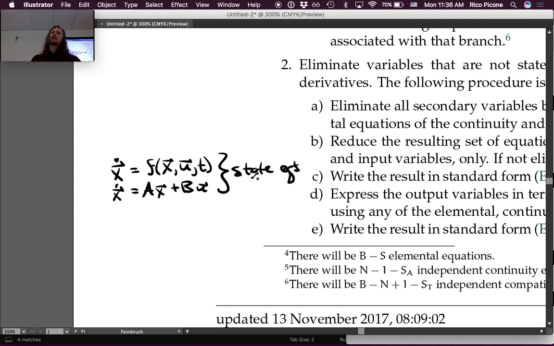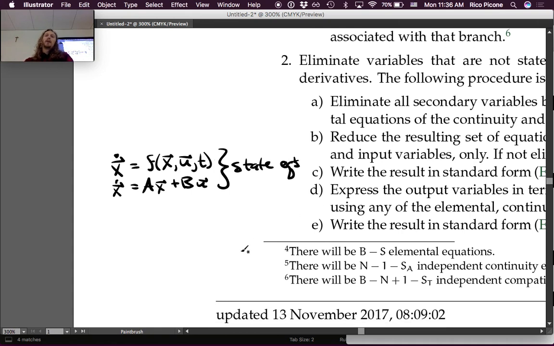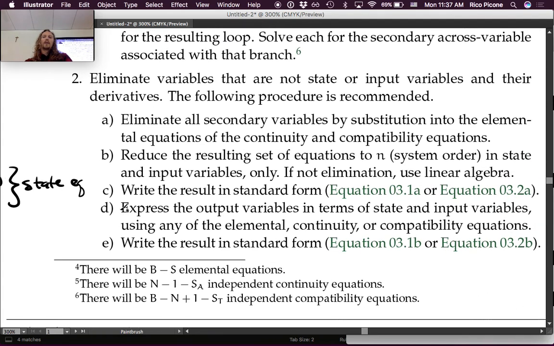We laid the groundwork for it. And then these last two steps are to form the output equation. Really, I shouldn't say that there are multiple equations. This is just two different forms of the same state equation. The output equation is found from the next two.